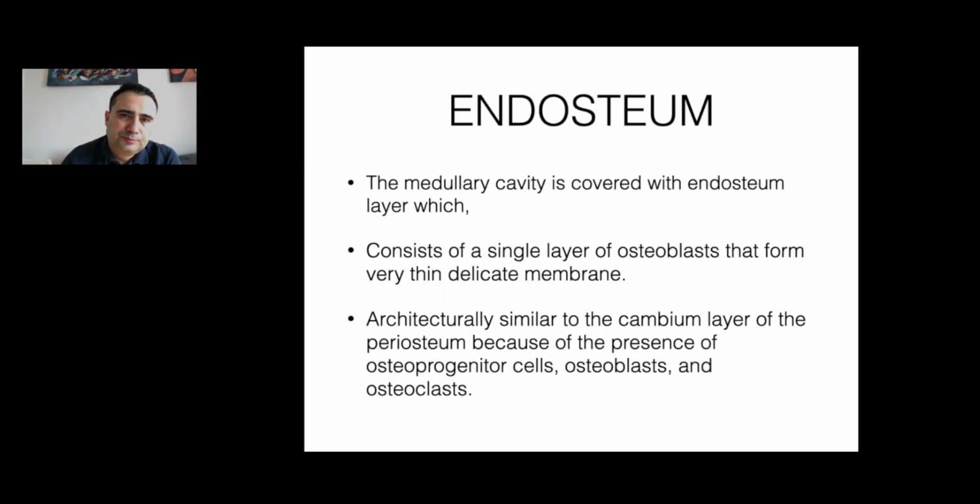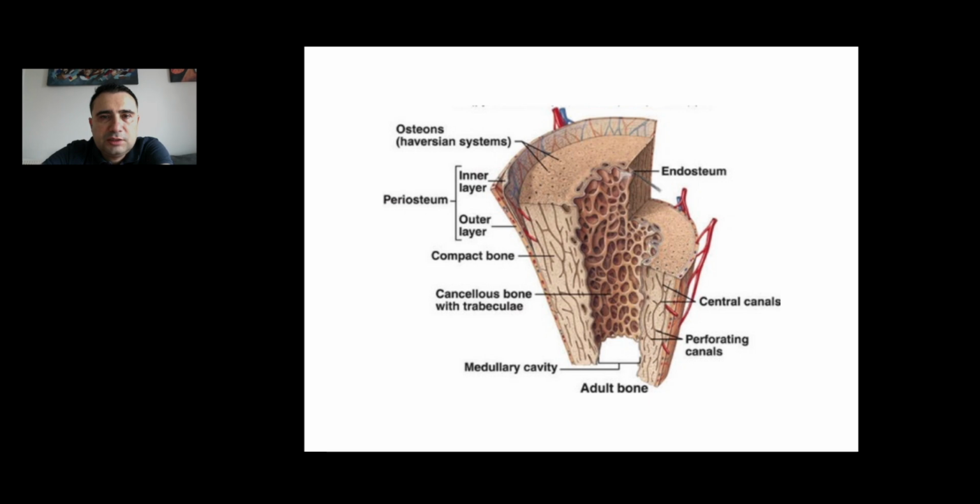The endosteum covers the medullary cavity. This endosteum consists of a single layer of osteoblasts that form a very thin, delicate membrane. Architecturally, it is similar to the cambium layer of periosteum because of the presence of osteoprogenitor cells, osteoblasts, and osteoclasts.